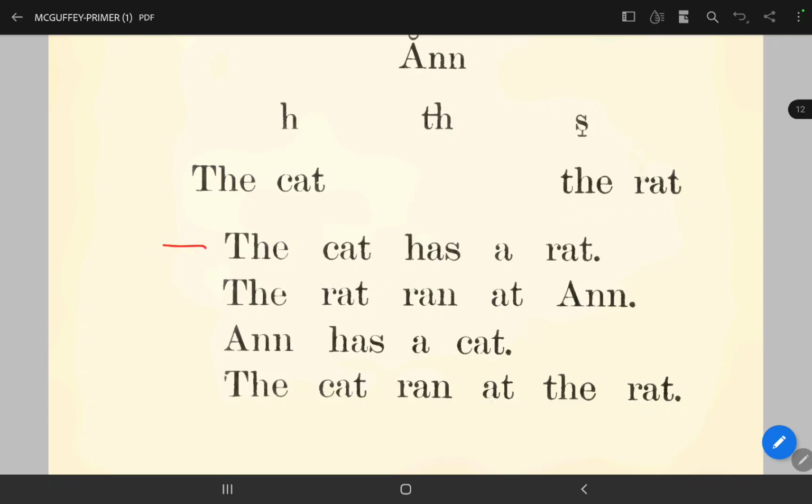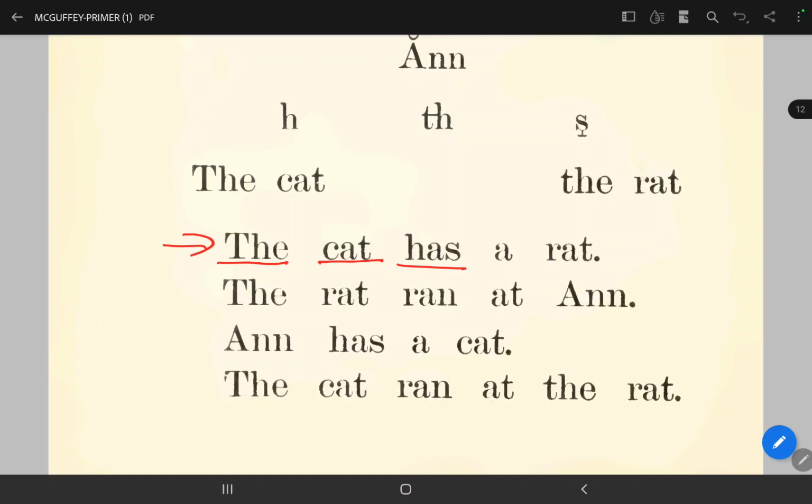Now let's go to the first sentence over here. Okay, we have T-H-E, the. C-A-T, cat. C says k, A says a, and add the T on, the classical T, cat. Next word, H-A-S. You learned the classical H says h.